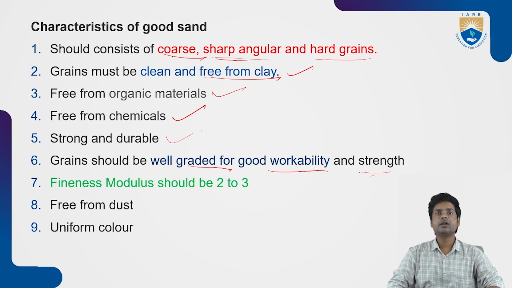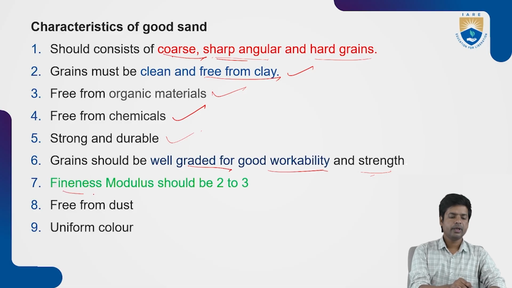The grading of the aggregate should be very good. It should have very few voids, and this gradation will be useful for good workability. Next, the fineness modulus should be 2 to 3.